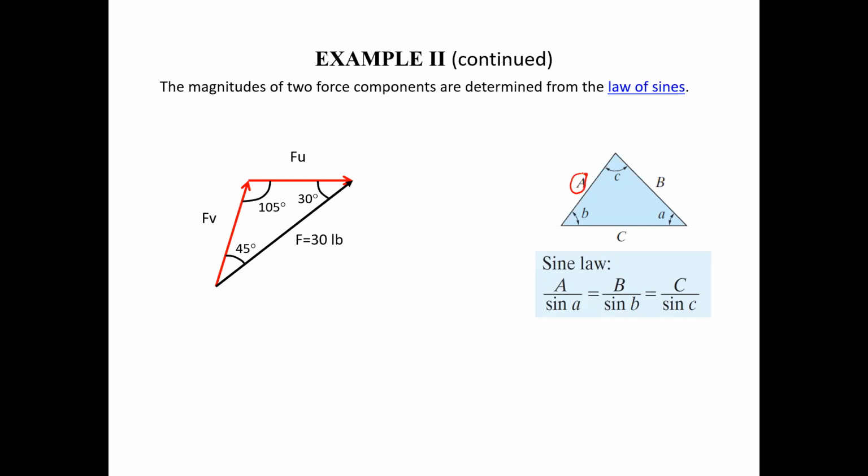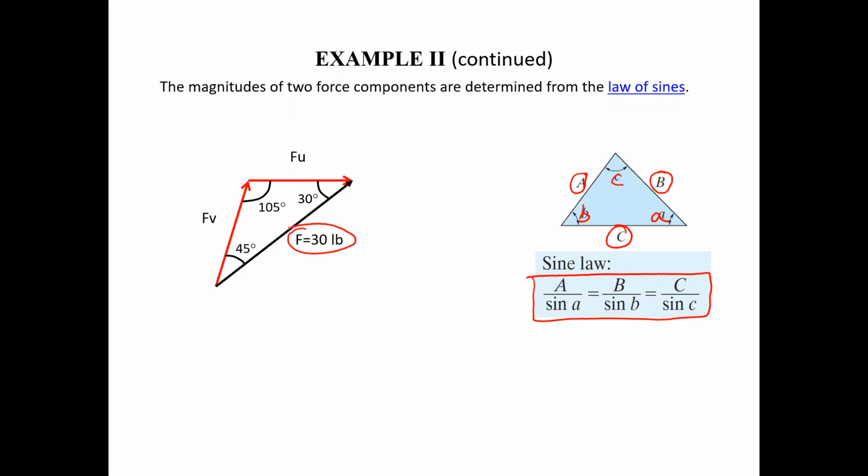Let's say there's a triangle with these sides A, B, and C with their opposite angles small a, B, and C, right? So if you have such a triangle, then the sine law says this: A over sine A equals B over sine B equals C over sine C, right? So we can use this knowledge here in our triangle, right?